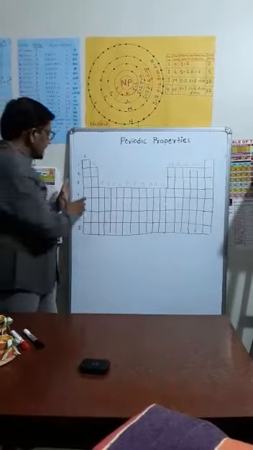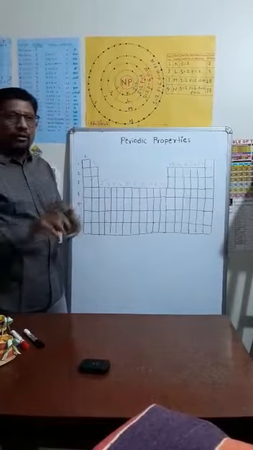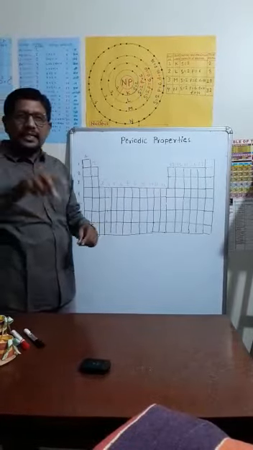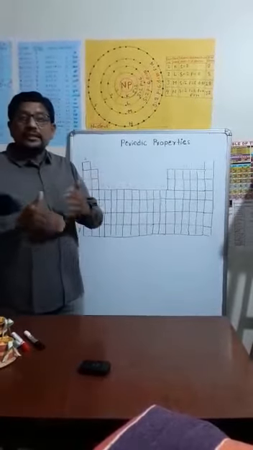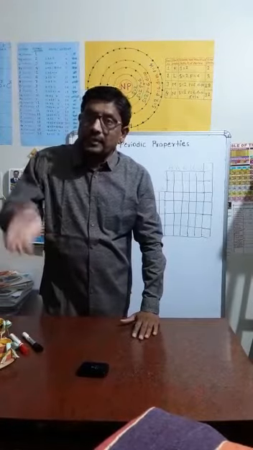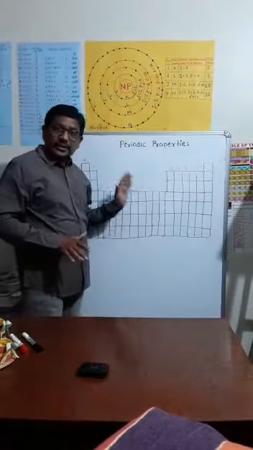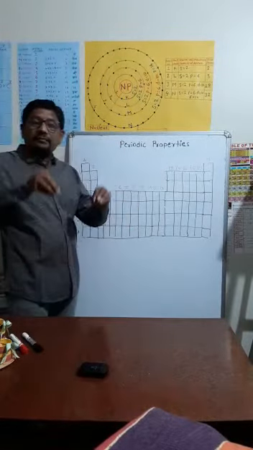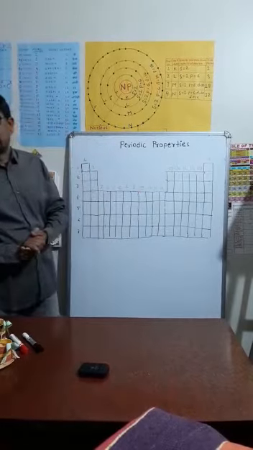These 7 horizontal rows are known as periods. After the classification, all these elements, more than 100 of them, are placed in the periodic table with increasing atomic weight.